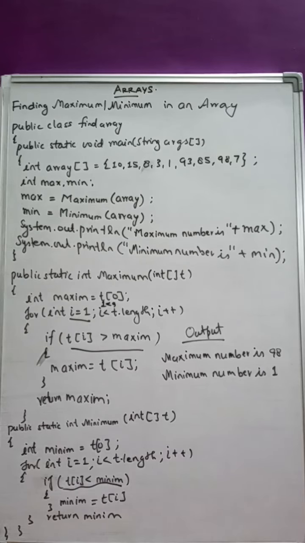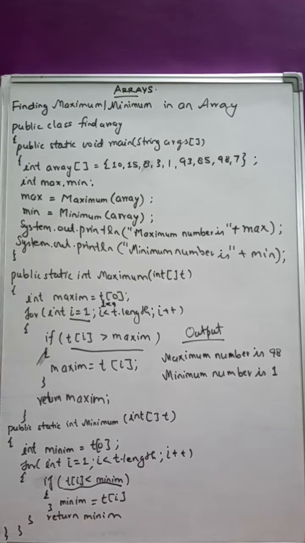In the similar way, this process will go on for the minimum, but the process is opposite: we compare the next number, and if the next number is less than the earlier number, you will just change the number. In this way the process will go on.